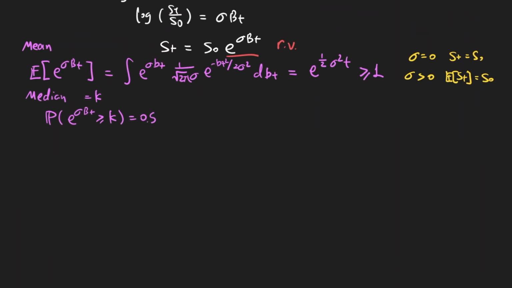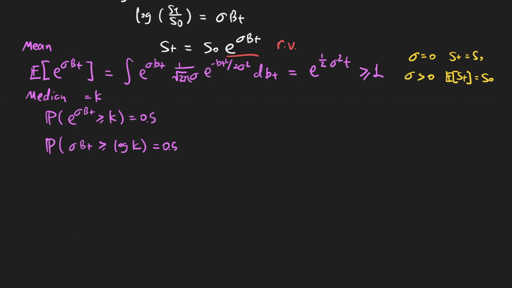You can take the log inside the probability: sigma times B_t greater than or equal to log of k, equals 0.5. And this becomes the median of the Gaussian distribution. We know that the median of the Gaussian equals 0.